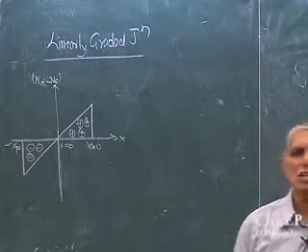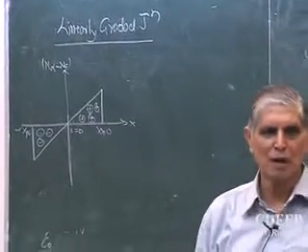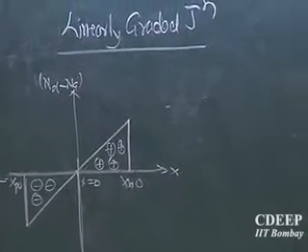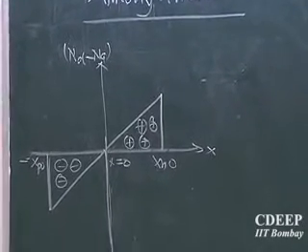Again, what is the condition I should hold always? Charges to the left must be balanced by charges on the right. Neutrality must hold. This is called a linearly graded junction.